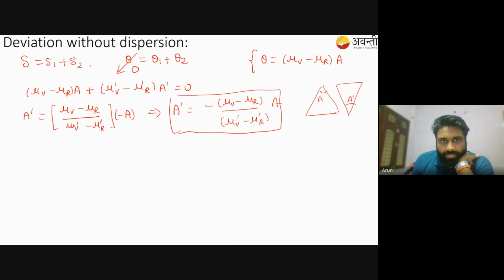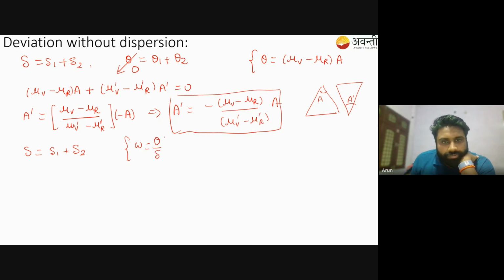Now, we are interested in deviation. So del is equal to del 1 plus del 2. We want to put the value of del 1 in terms of theta 1. So how do we put it? From the formula that I have discussed, the dispersive power is theta by delta, delta mean.